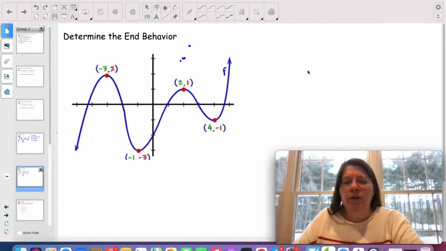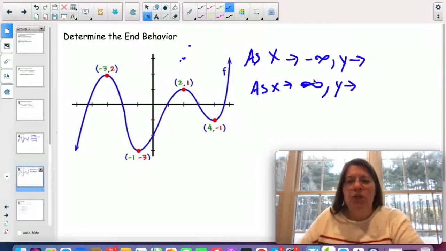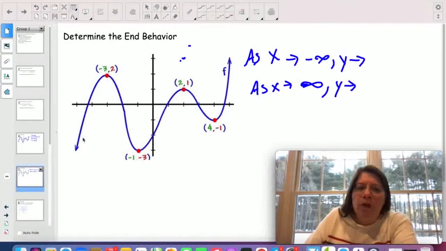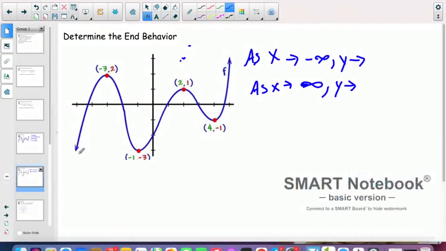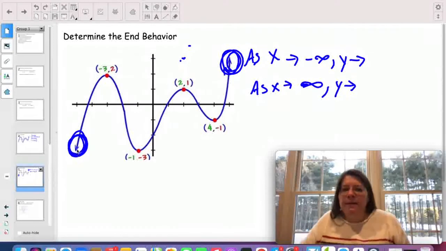In this slide, I want to talk about the same image, but this time we're going to talk about the end behavior. To do end behavior, what we're looking at is this arrow right here and this arrow right here. So for this arrow, this is moving in a left direction and a downward direction.